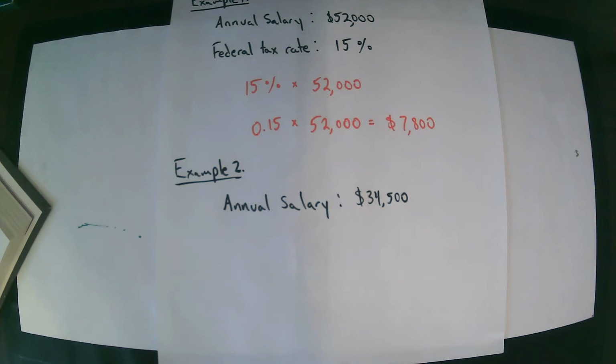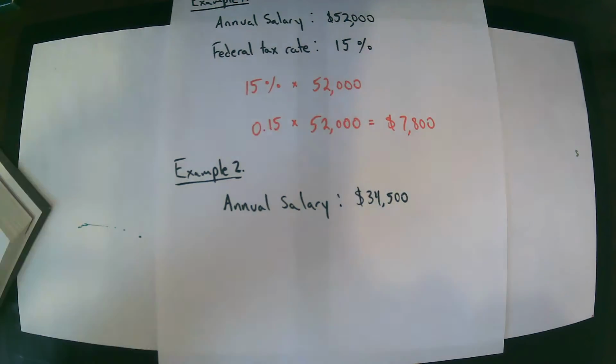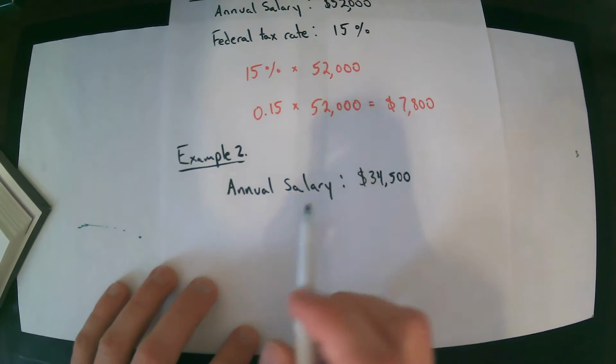We're going to want her yearly taxes and her monthly take-home pay. Alright, so take-home pay is going to be her pay after taxes. Her pay before taxes is called gross pay. Or sorry, no. Her net income is what she takes home. Sorry, I said that backwards.